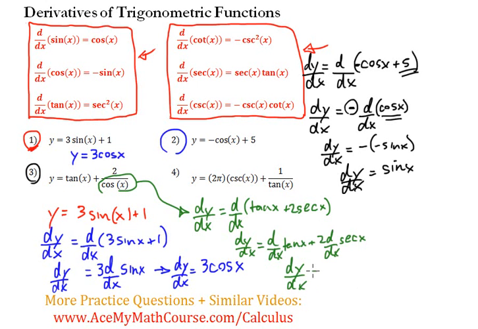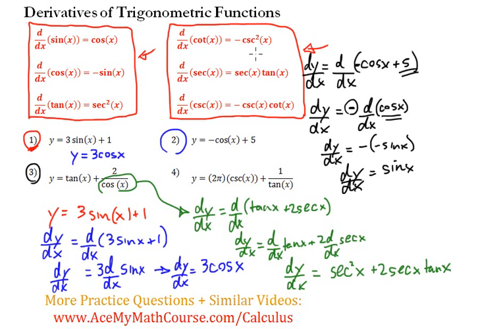So, piece of cake. We just have to go to the little formula sheet here, or the table, and d dx of tan x is just secant squared. And 2 times the derivative of secant is just 2 times secant x tan x.